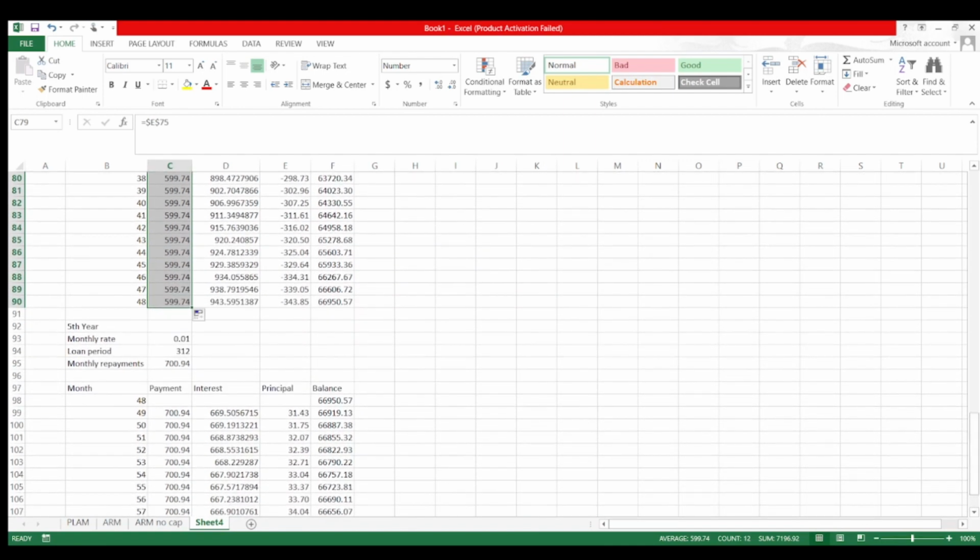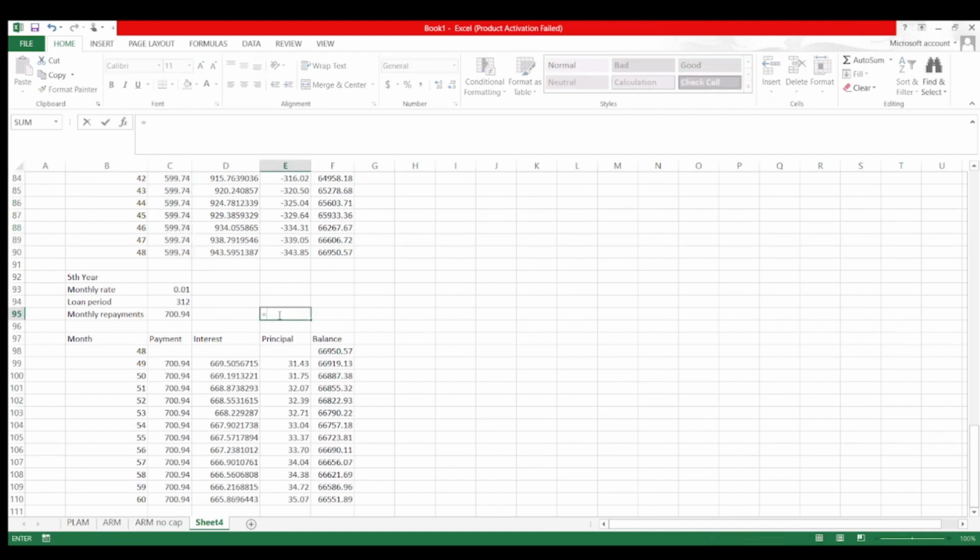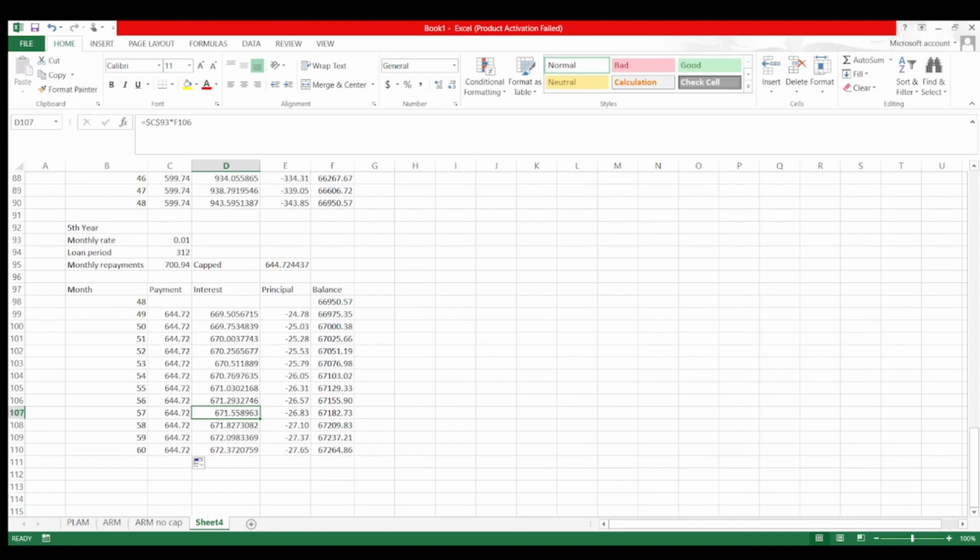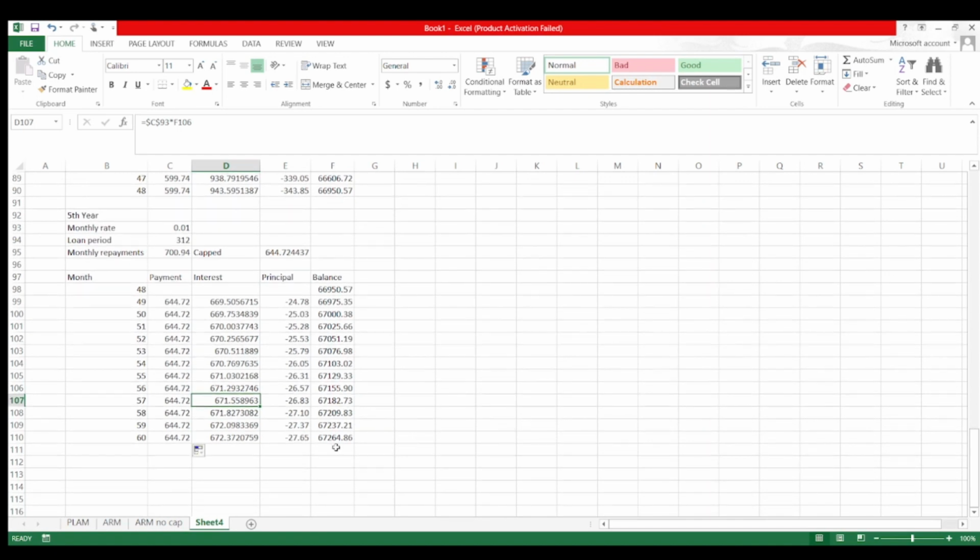So then again, let's proceed finally to the 5th year. With that being done, at the end of the 5th year, the loan balance will be 67,264.